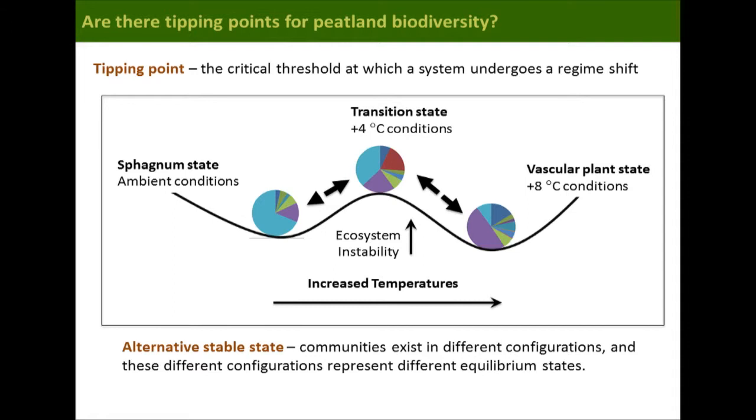It was only after elevating all the way to +8. What this suggests is that there is a tipping point for northern peatlands under future climate change scenarios. We don't know where that tipping point is, whether it's 4.5 degrees, 7.5 degrees, or actually 8 degrees, but it definitely suggests that there's a tipping point here.